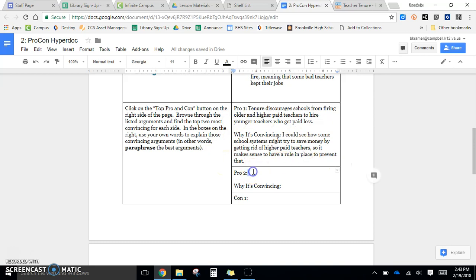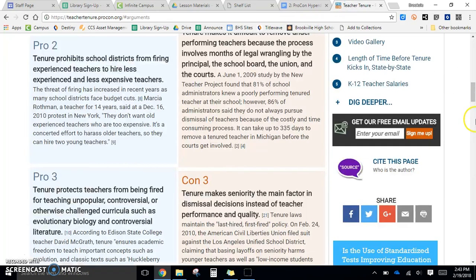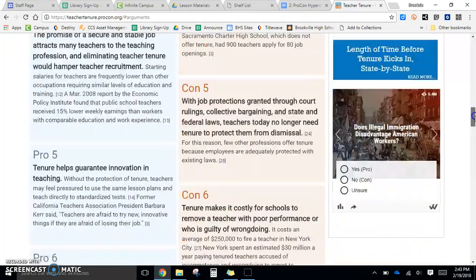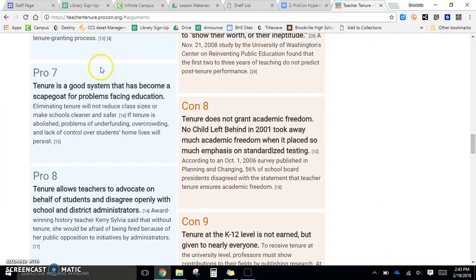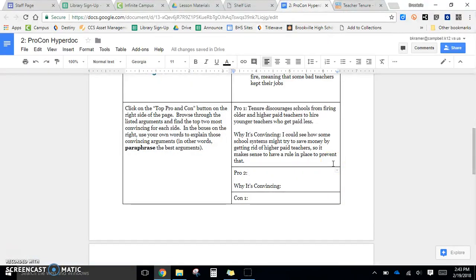I also need to find another argument that I think is pretty convincing for teacher tenure. So as I'm scrolling through here, I think that this one's pretty good. It says tenure is a good system that has become a scapegoat for problems facing education. So I'm going to come back over here and put that into my own words.